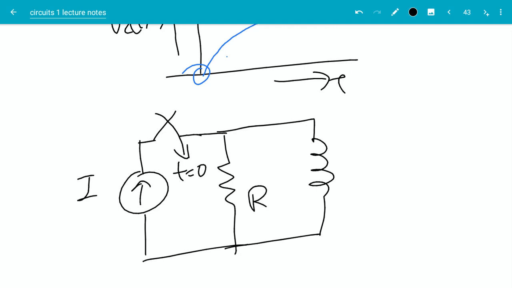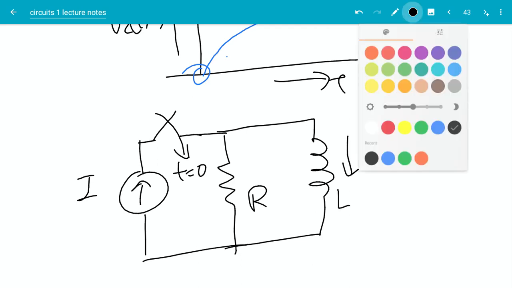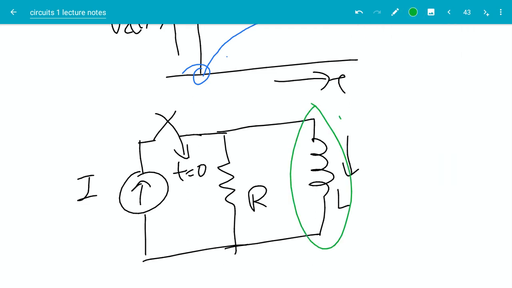So we know at t equal to infinity, everything should be DC currents, right? So if there's a DC current through the inductor L, then the voltage drop across it should be 0. The voltage drop VL should be equal to 0 at t equal to infinity, right? So that means there will not be any current going through the resistor, and all the current will go through the inductor.